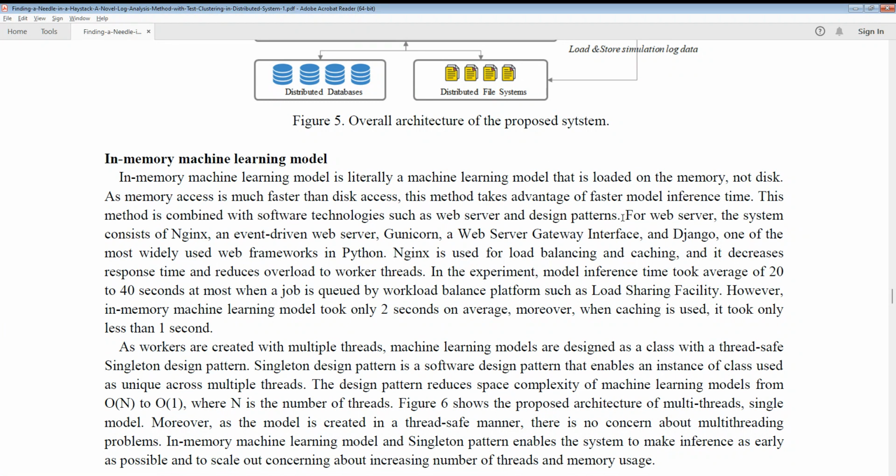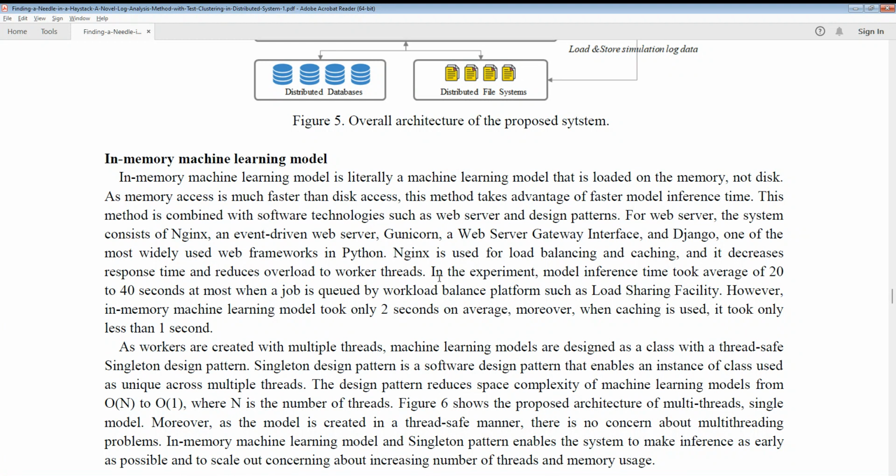For the web server, the system uses Nginx, an event-driven web server, Gunicorn, a web server gateway interface, and Django, one of the most widely used web frameworks in Python. Nginx is used for load balancing and caching, and it decreases response time and reduces overhead to the worker threads.